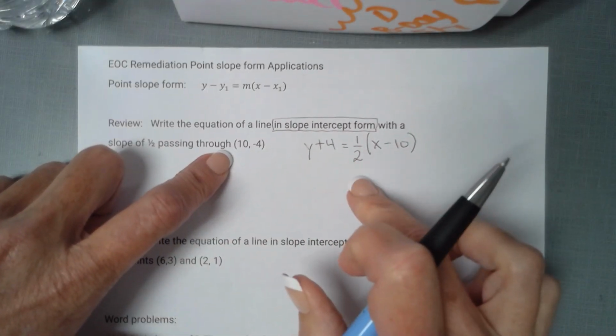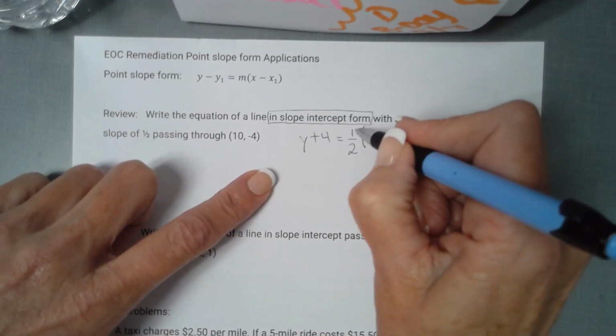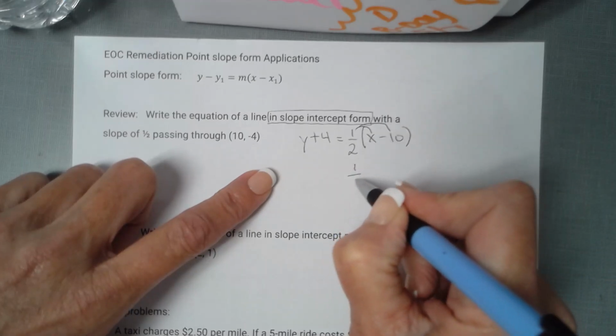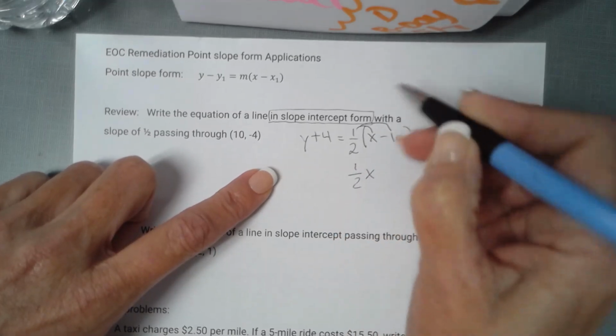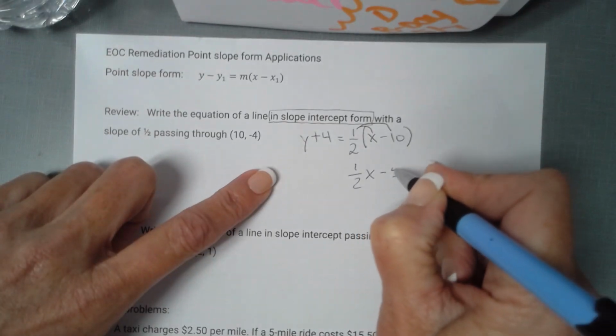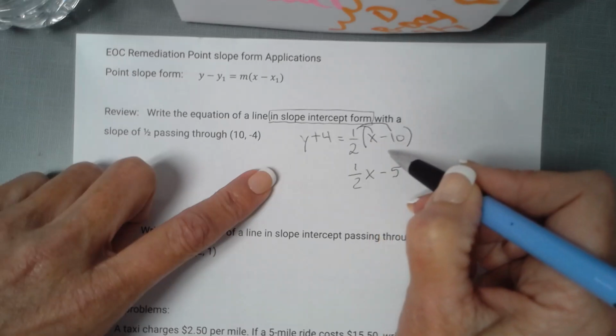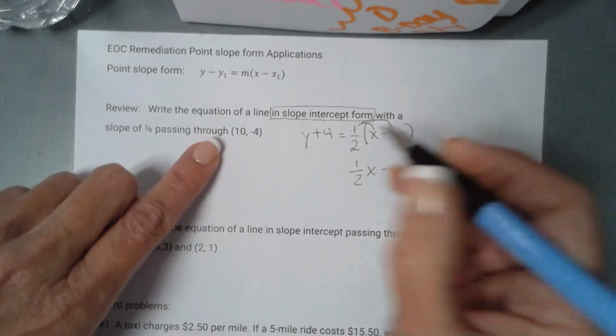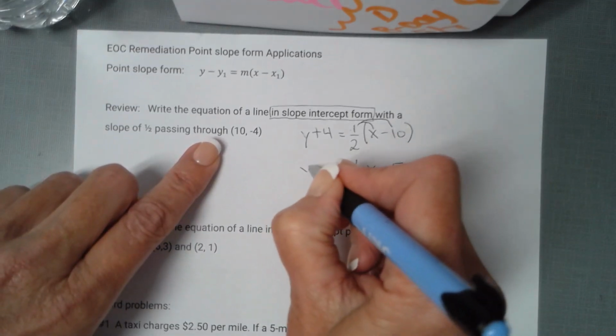This is point-slope form. So the first thing we're going to do is distribute. So 1/2 times x is 1/2 x. Then 1/2 times -10 is just -5. Remember, don't be afraid of fractions. 10 times 1 is 10, divided by 2 is 5. -5. Okay?